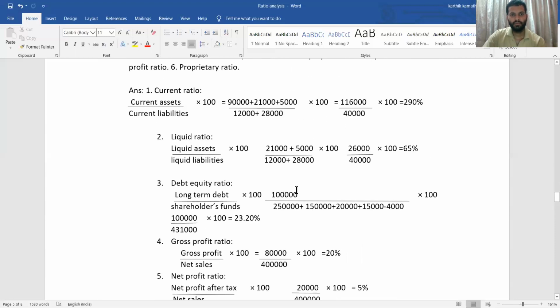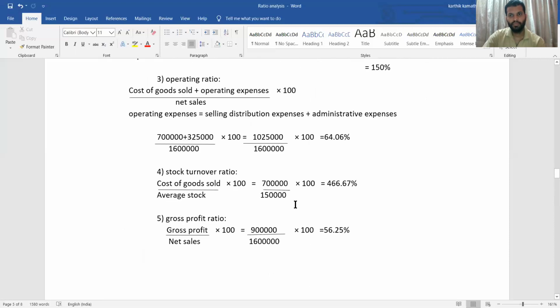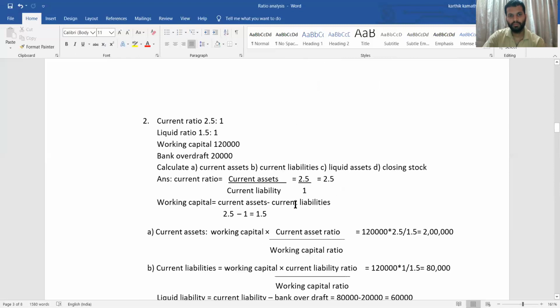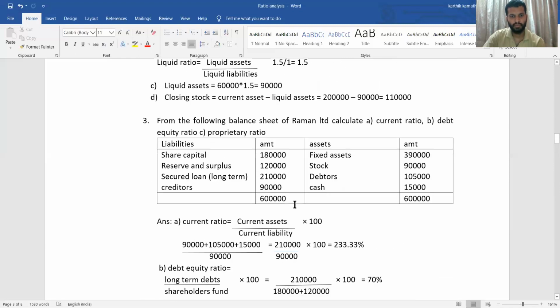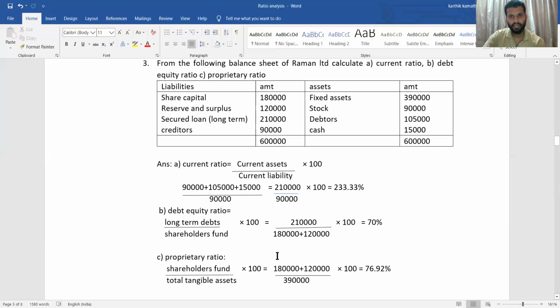Yes, this is about the 12 mark problem. Once you go to the previous one, that is the 6 mark problem we have solved. Once you see that problem, total tangible asset, here we have taken 39 lakh only.